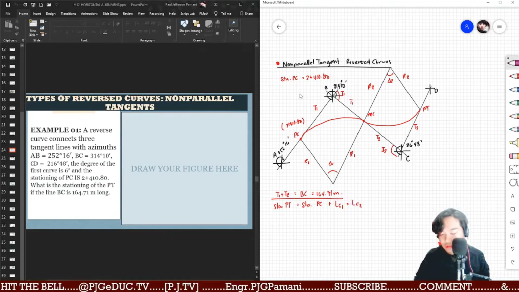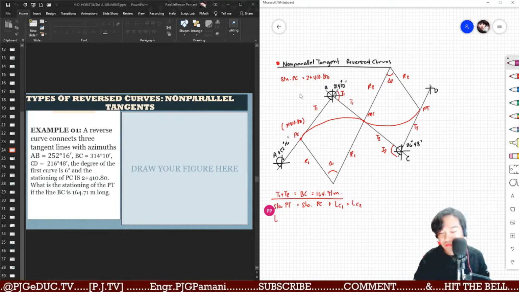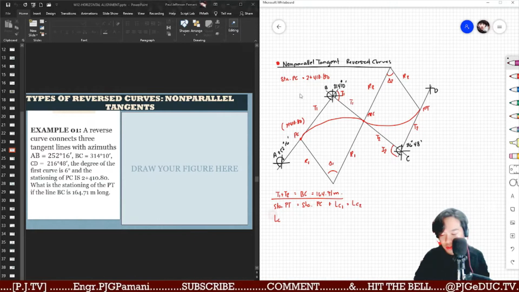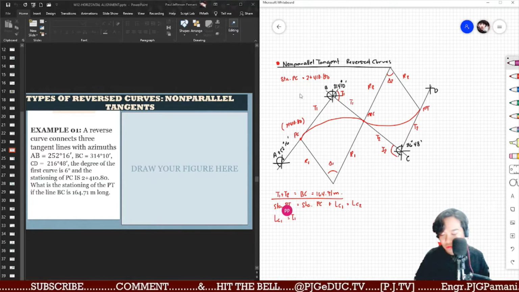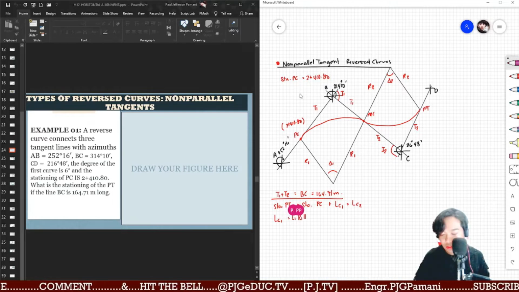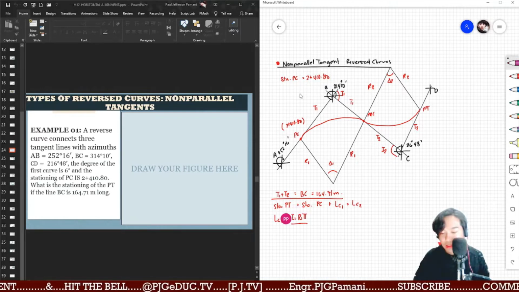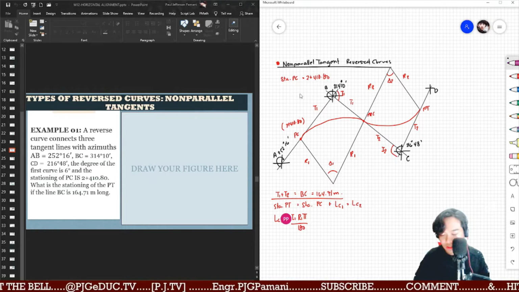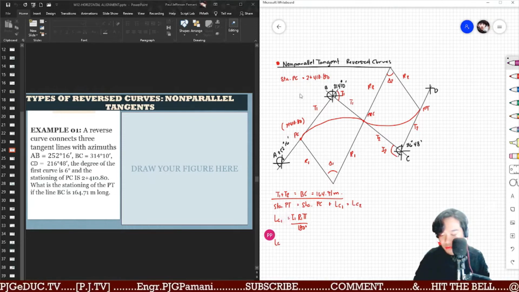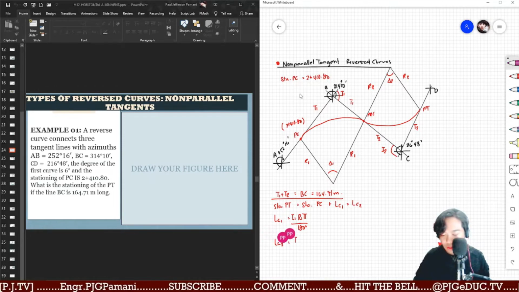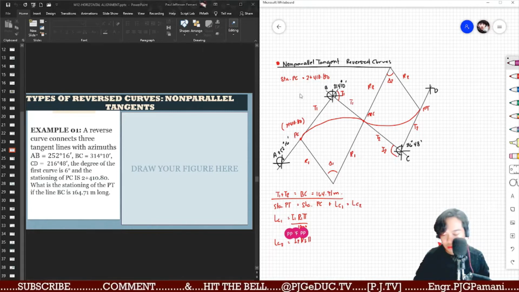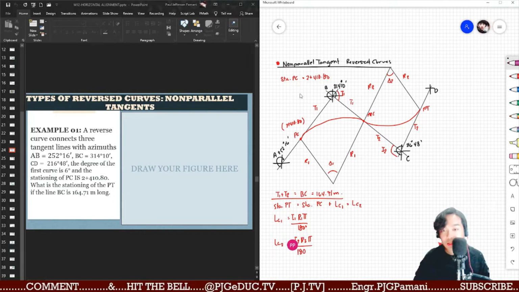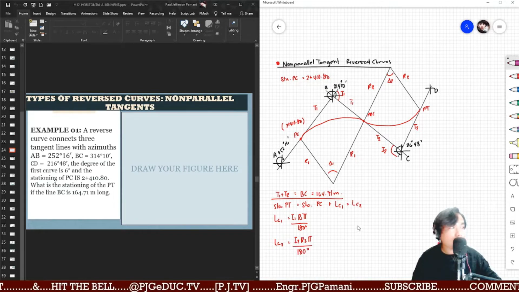And for us to solve for the length of the first arc, again, that is angle of intersection of the first curve times the radius of the first curve times pi over 180 degrees. Same goes with LC2: I2 times R2 times pi over 180. Nababasa po ba?